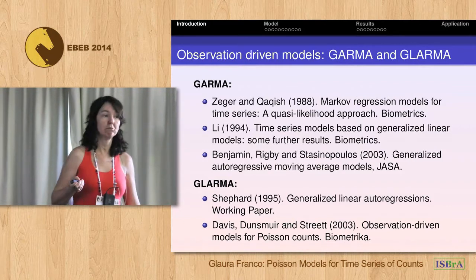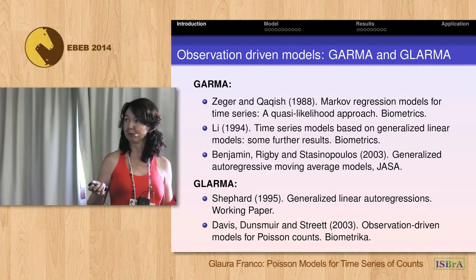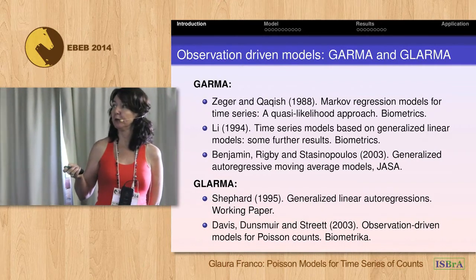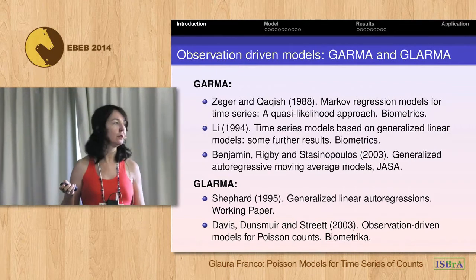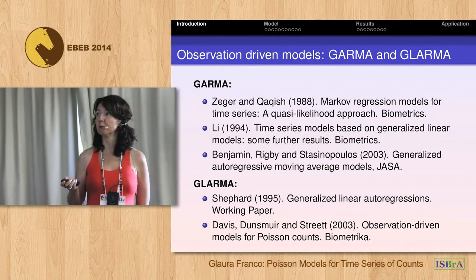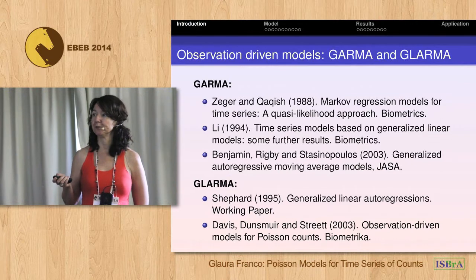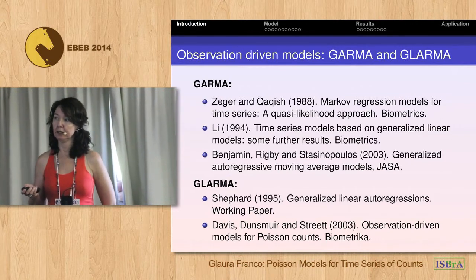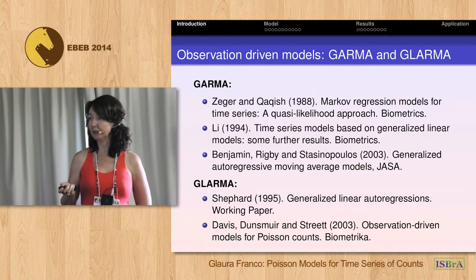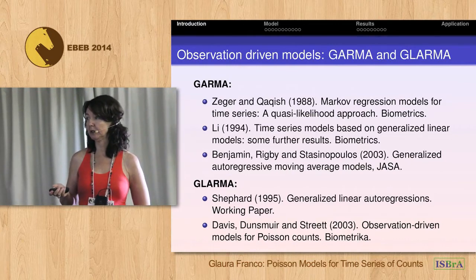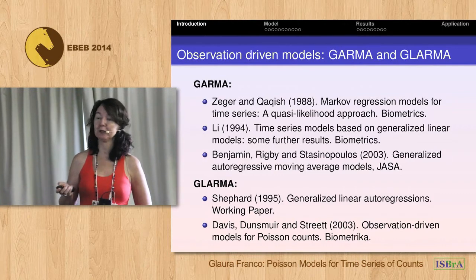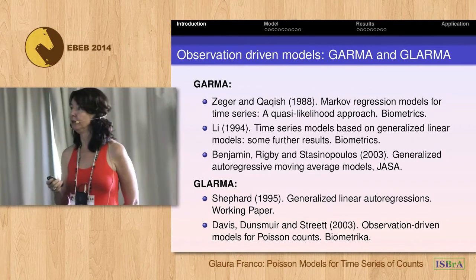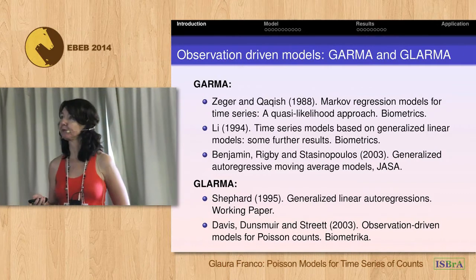And Benjamin et al. just formulated the ideas of these two papers, and they proved some properties of this model. The Glamour model started with Shephard in 1995, and Davis et al. just generalized the model from Shephard. So I'm going to show the two models, and you will see that they are very similar.